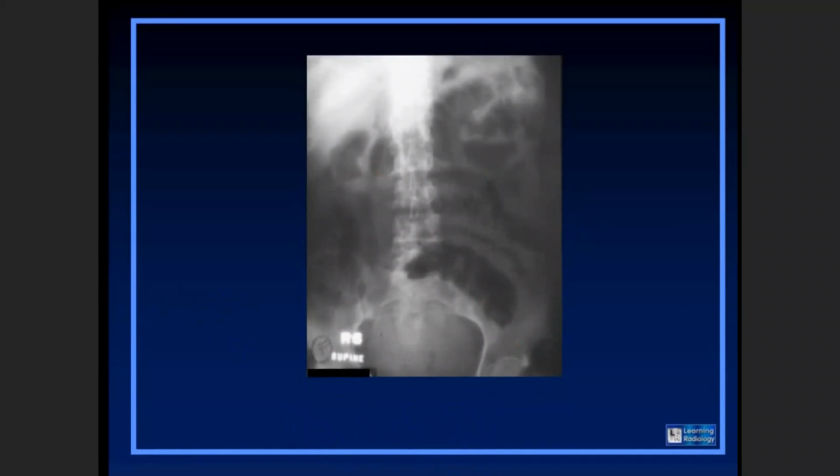In this image, dilatation of the bowel over here and also the presence of dilated bowel loops.